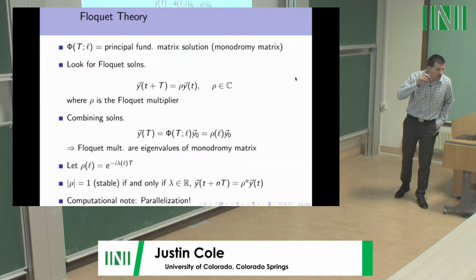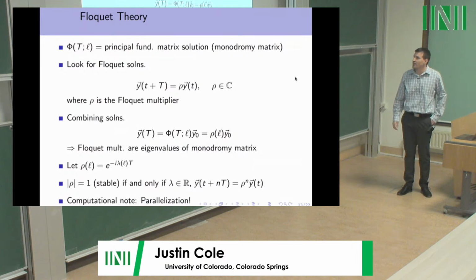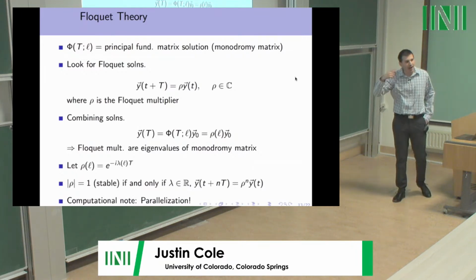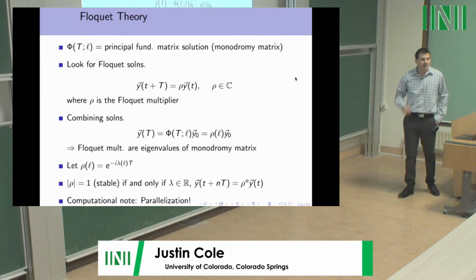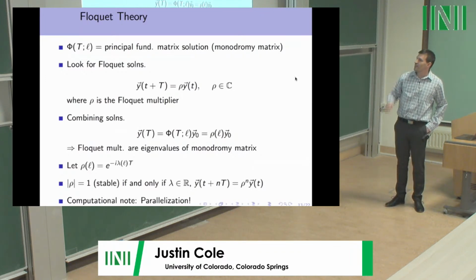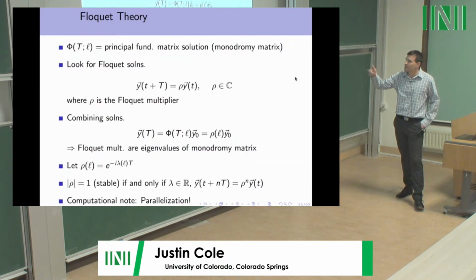The second piece is we look for Floquet solutions using Floquet theory. Namely, the solution comes back to itself after 1 period up to a scalar factor rho, known as the Floquet multiplier. Combining these 2 descriptions, we have an eigenvalue problem. Namely, the Floquet multipliers are the eigenvalues of the monodromy matrix.